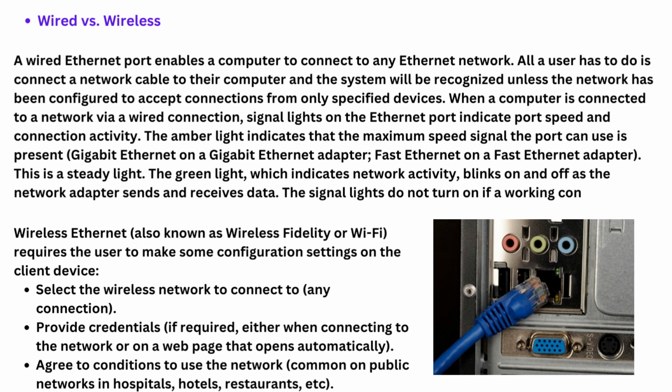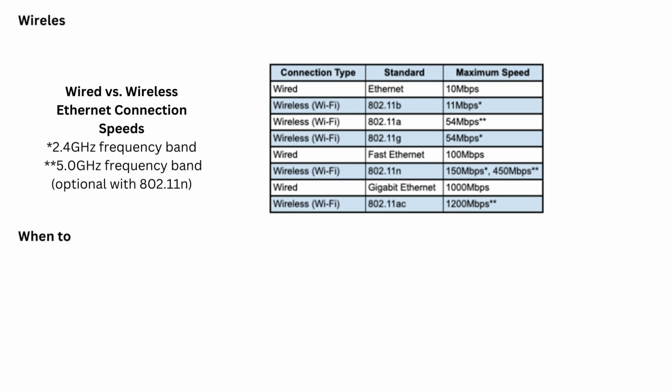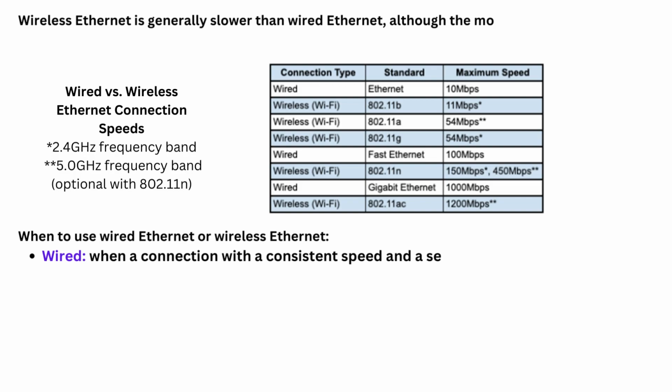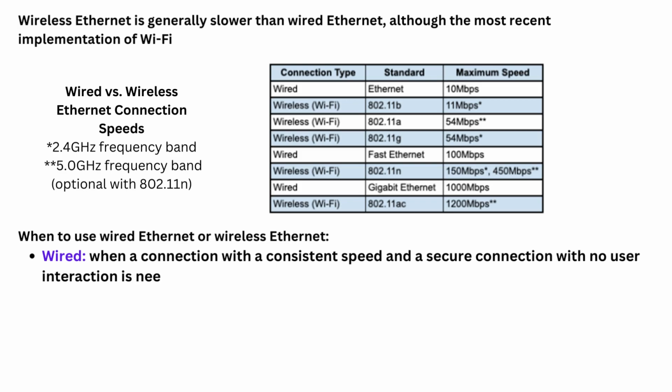Agree to conditions to use the network, common on public networks in hospitals, hotels, restaurants, etc. Wireless Ethernet is generally slower than wired Ethernet, although the most recent implementation of Wi-Fi, 802.11ac, offers connection speeds that can exceed gigabit Ethernet.